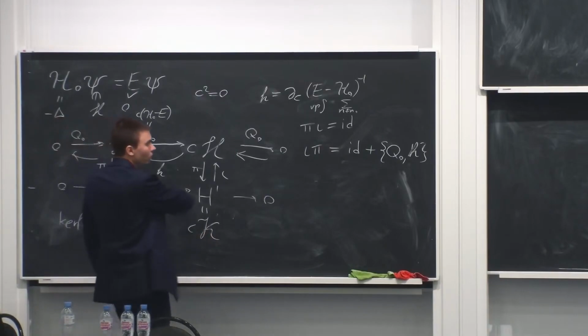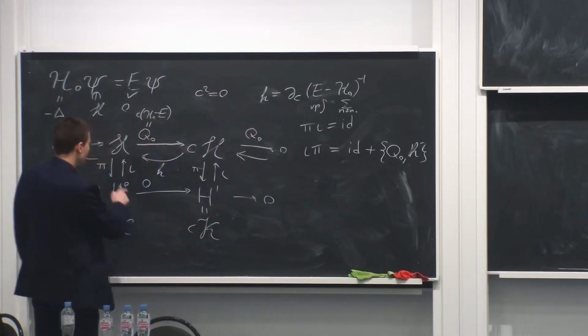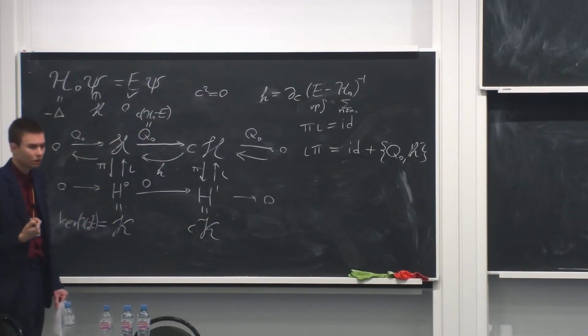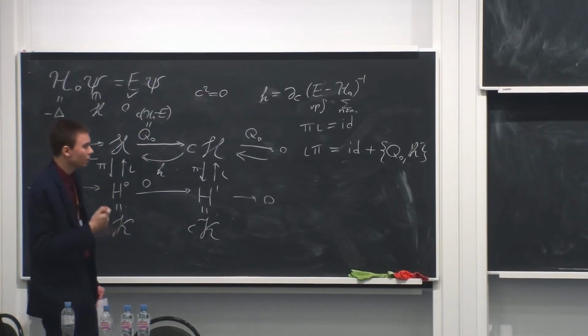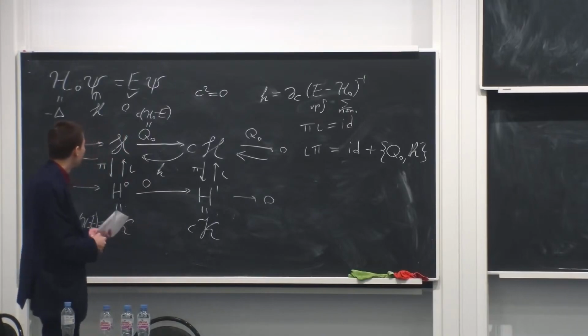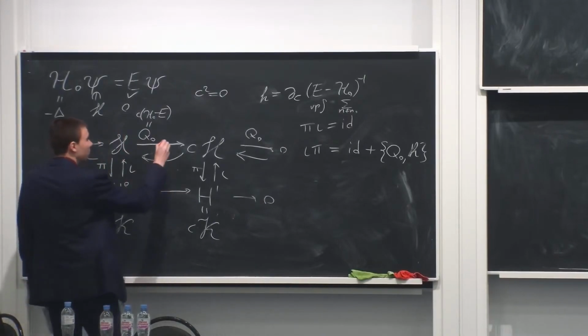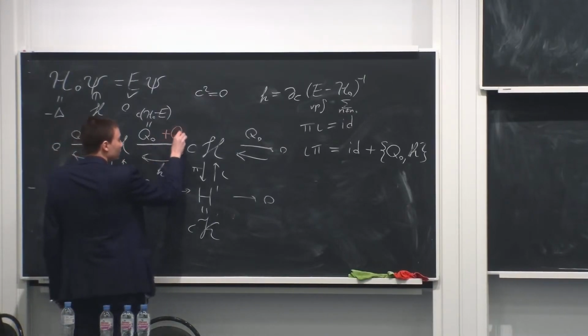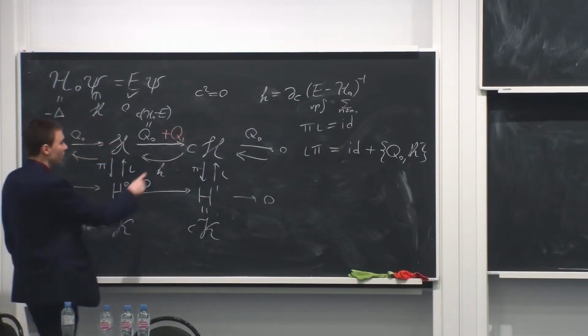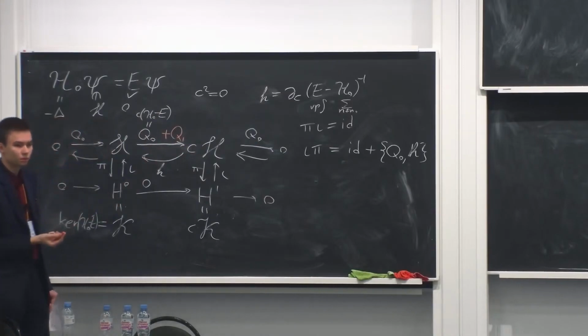Now, when we have all of this data, this is called two complexes that are homotopically equivalent to each other. And for such complexes, there's a very nice perturbation lemma that states that suppose that we want to perturb this differential by some Q1 so that this sum is still a differential.